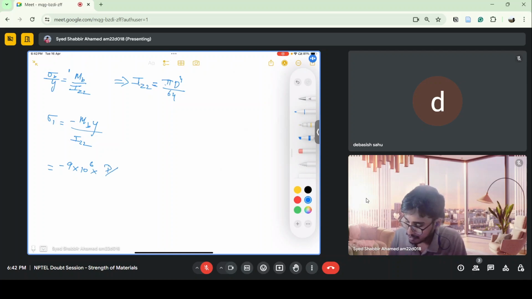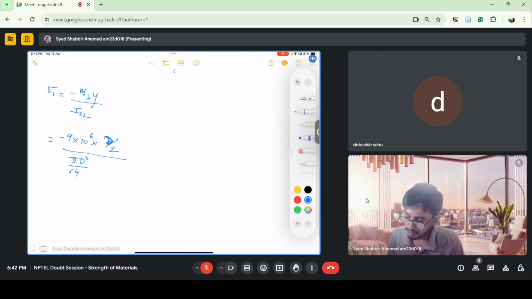The maximum stress occurs at the outer surface of the top and bottom, or you can say at the maximum distance from the neutral axis. So that's why I take y equals d by 2, and I have pi d power 4 by 64.